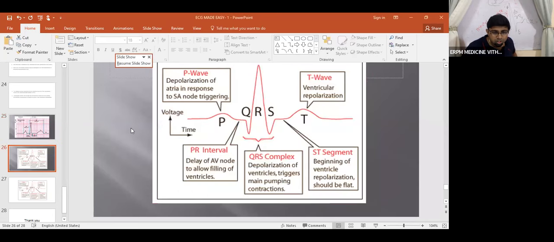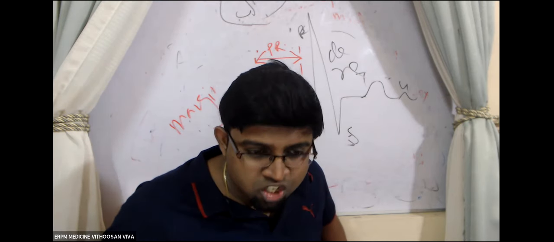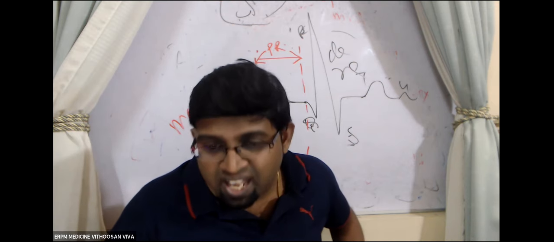How does it go? Via the AV node. If you look at this AV node, it has an inherent delay. So there is a delay that is inborn with the AV node.